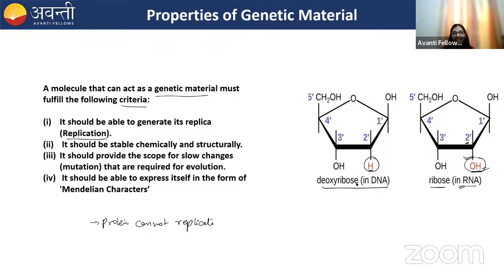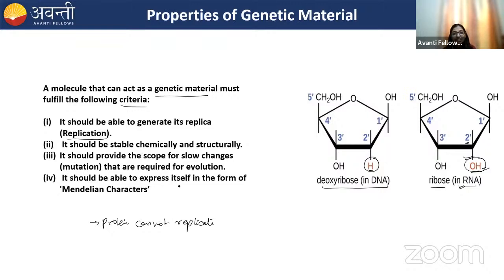The viruses generally have RNA as the genetic material, so they show a high rate of mutation and a high rate of evolution also. So DNA is chemically less reactive and structurally more stable as compared to RNA.